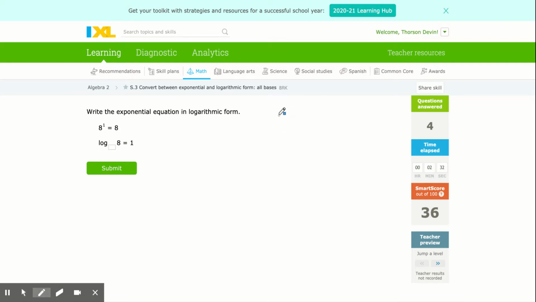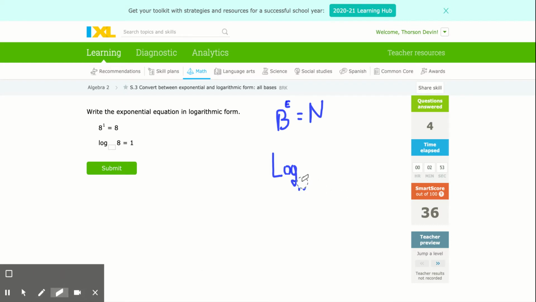Again, if you need to, remember to just off to the side have this written down. Any number b raised to the e, where b is positive by the way, is equal to some number. Our logarithm form of that expression is logarithm base b of n equals our exponent.